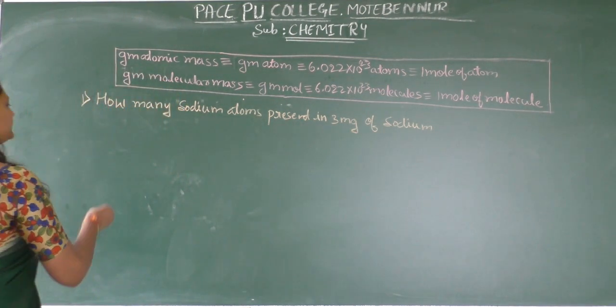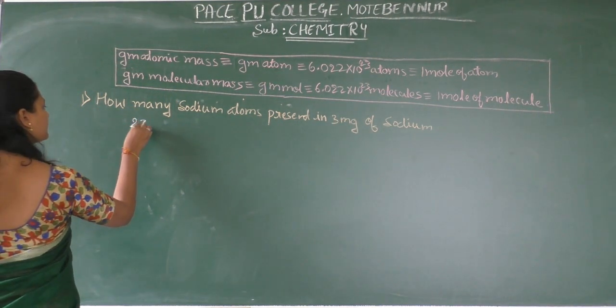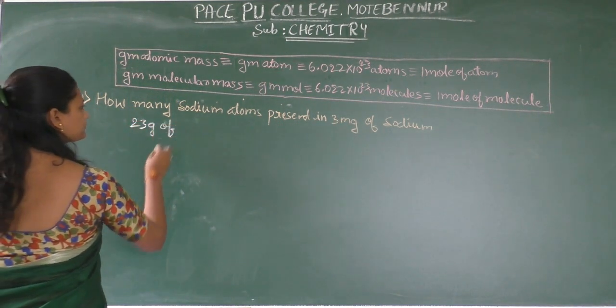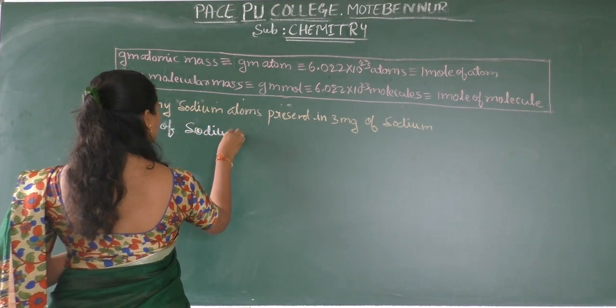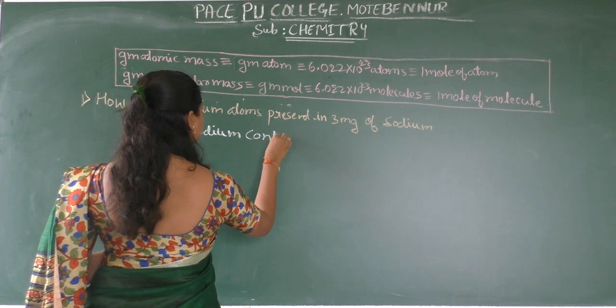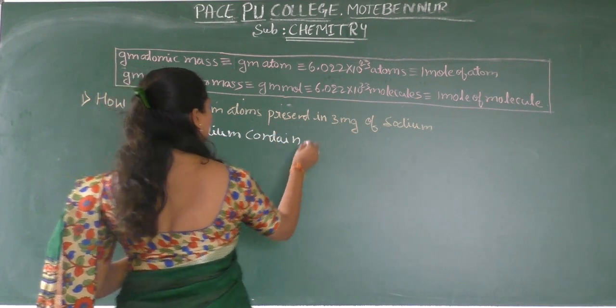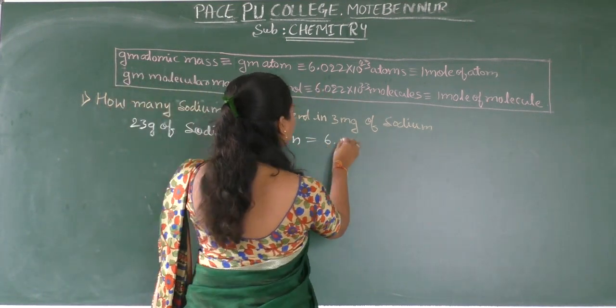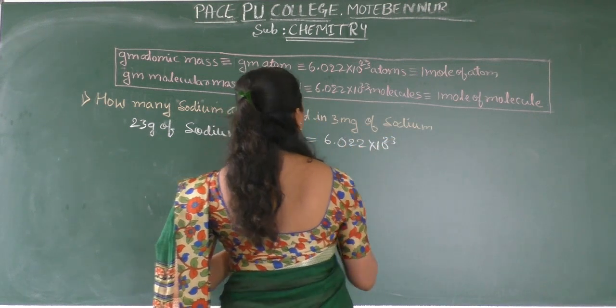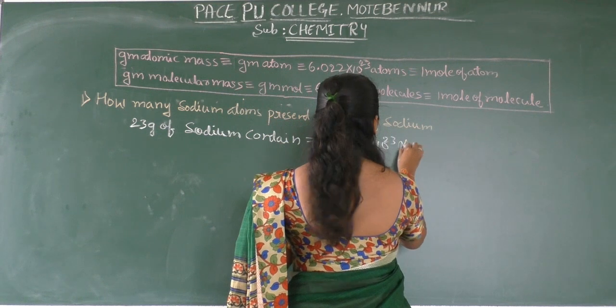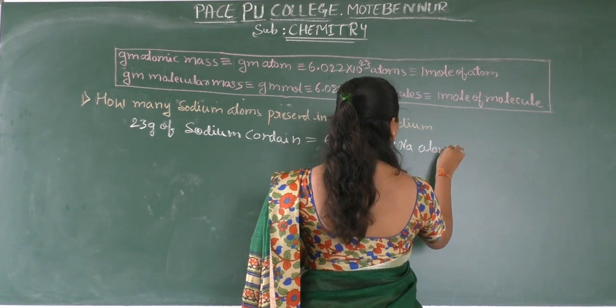Okay, so we know that 23 grams of sodium contain 6.022 into 10 raised to 23 sodium atoms.